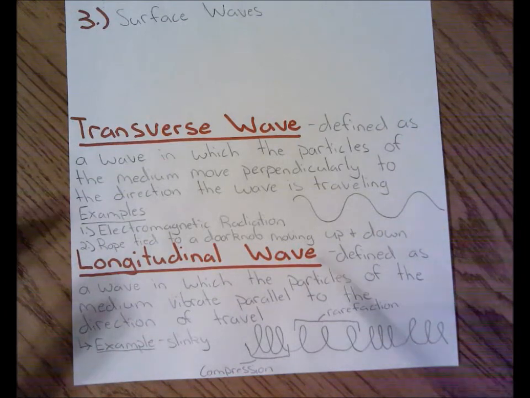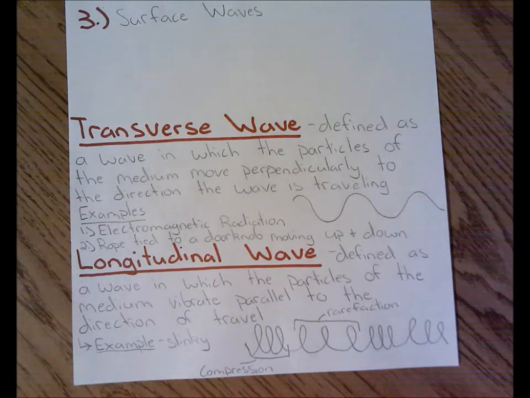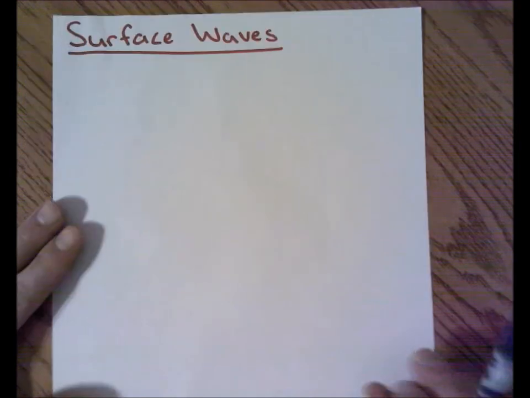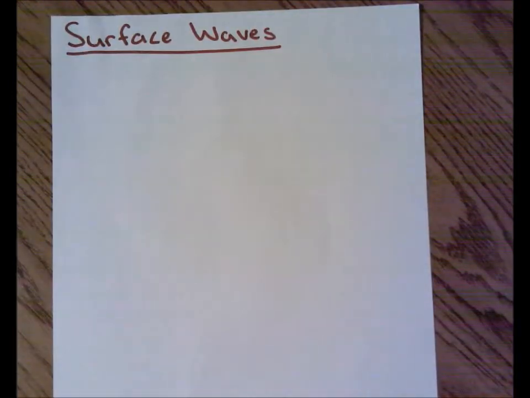Now, our last type of wave is known as a surface wave. What happens in a surface wave is this. The particles move both perpendicularly and parallel to the direction in which the wave travels.